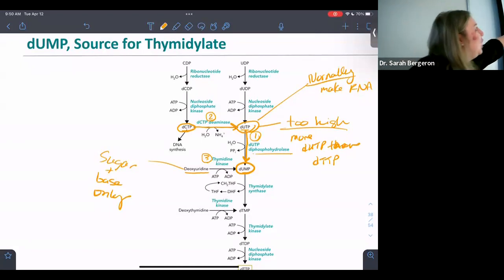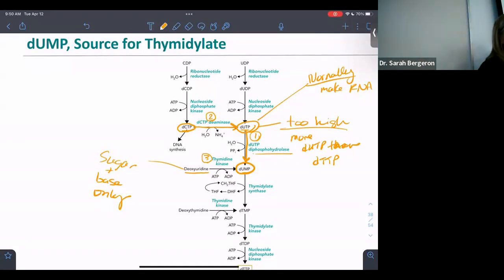Okay, RNA doesn't need it anymore. RNA is out of the equation, right? RNA is using all of the dUTP that it needs. What is it structurally similar to? dTTP.